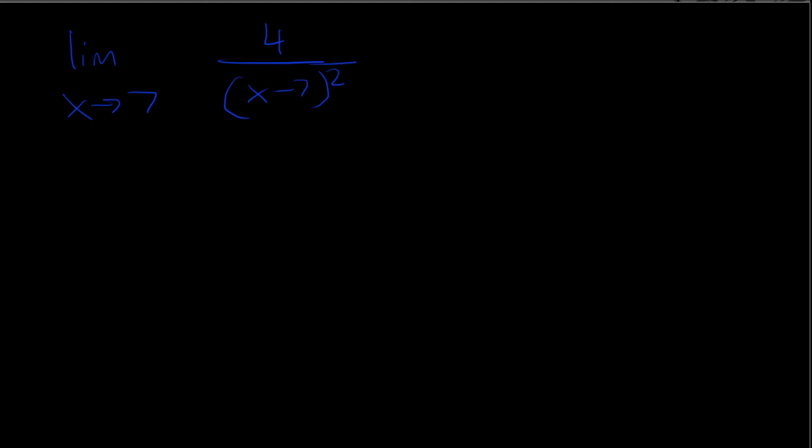You can think of approaching 7 from the left and 7 from the right. But it doesn't really matter because I'm going to be looking at the difference, right? This x minus 7 is the difference. And you're taking the difference and squaring it. So the difference could be positive or negative. I don't care, because I'm going to be squaring it. It's going to be the same thing.